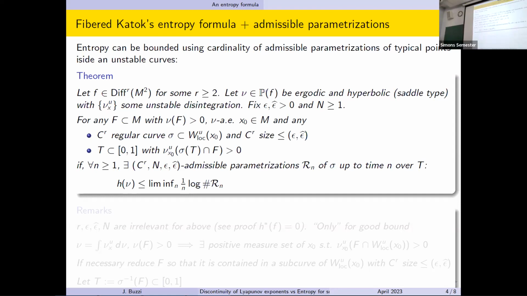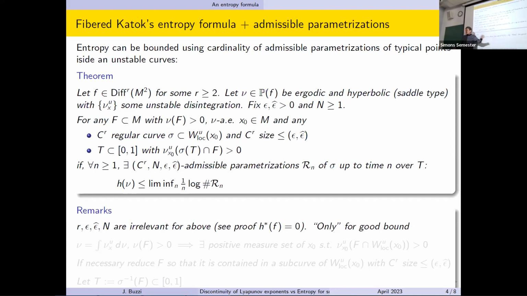Am I right that since sigma is C^R regular, small pieces are also small in C^R? Yes. So Yomdin is not here. Exactly, Yomdin will be here to produce parameterizations with small cardinality.